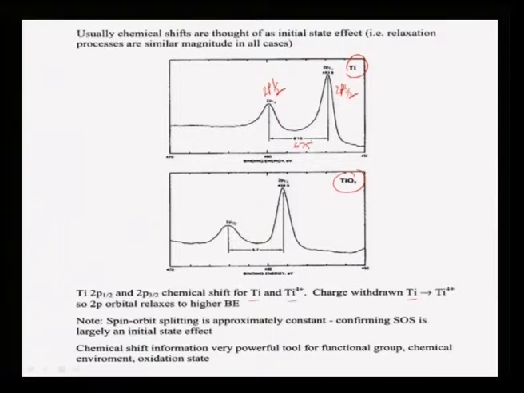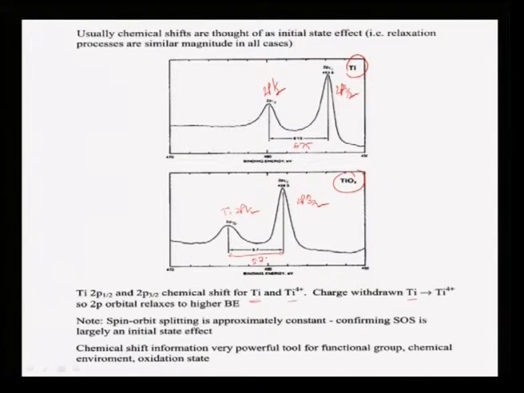Now if I form TiO2, I have a change in the electronic state of titanium from Ti0 to Ti4 plus. This is Ti 2p 1/2, and this is Ti 2p 3/2. You see the distance between these two has reduced to 5.7 electron volt.